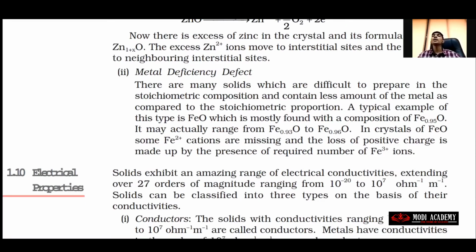So that's why this is called a metal deficiency defect.